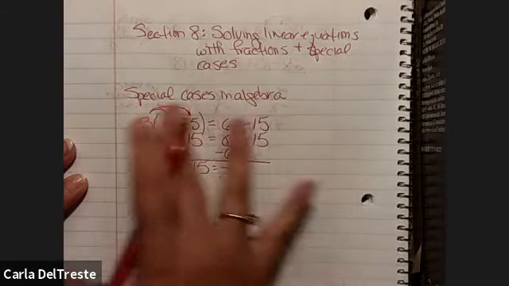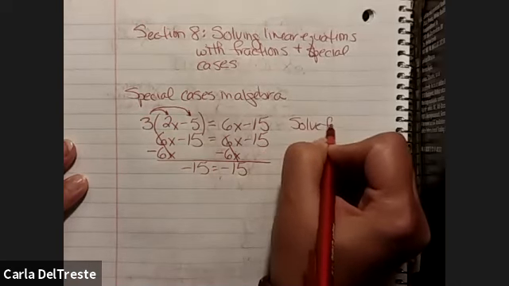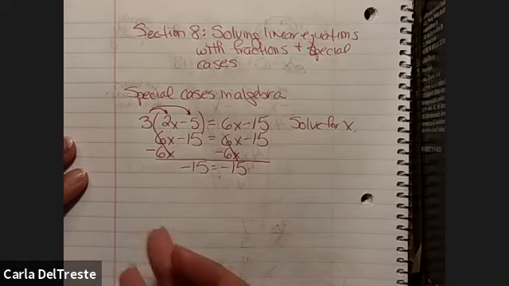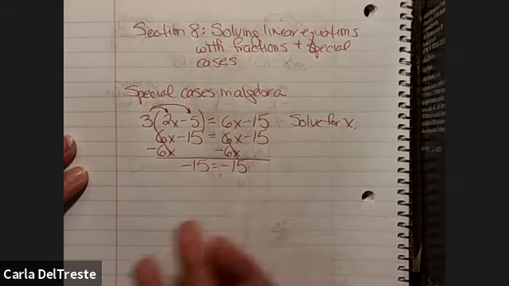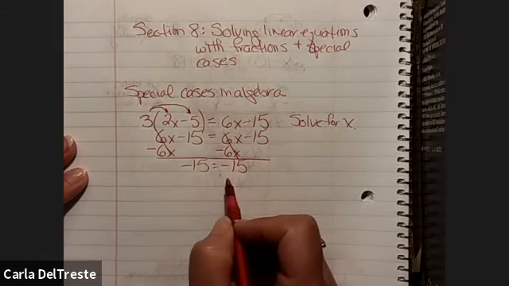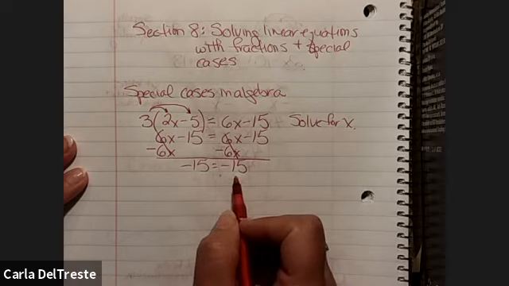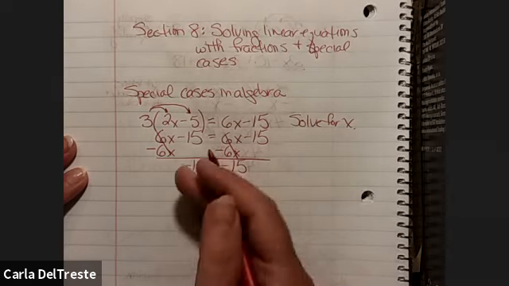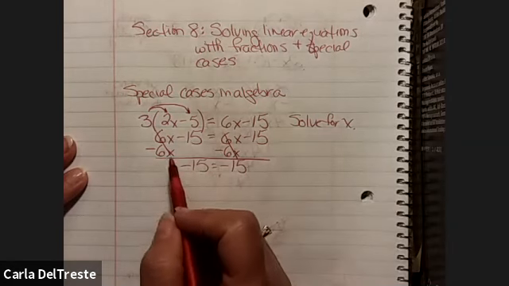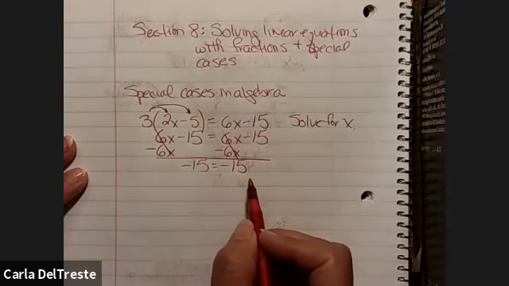And remember, when you're solving for x, your final response has to be something about the solutions, about x. Well, let's think logically about this. Negative 15 will always equal negative 15. There's nothing that's ever going to make this not be true. So x could have been anything, and this would have stayed true.